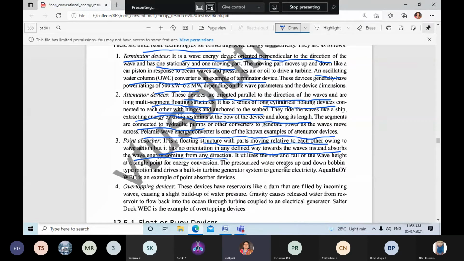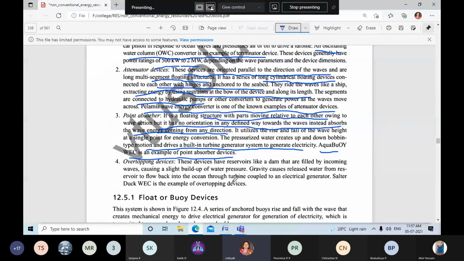Next, the pressurized water will create an up and down, bobbing type motion, and it will drive a built-in turbine generator system to generate electricity. Okay, here the Aquabuoy WEC is an example of a point absorber device.